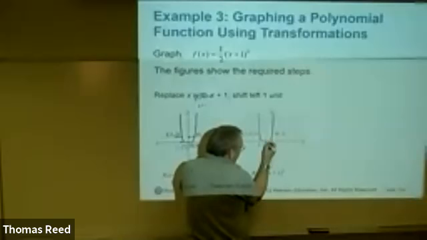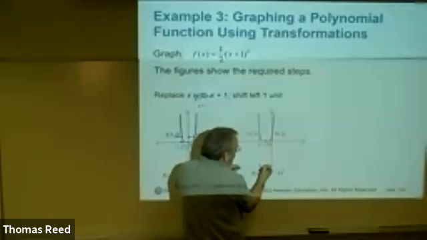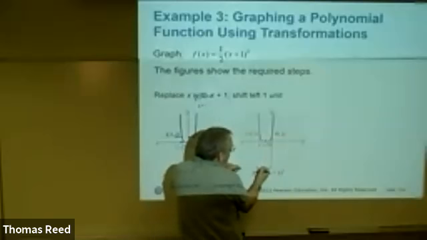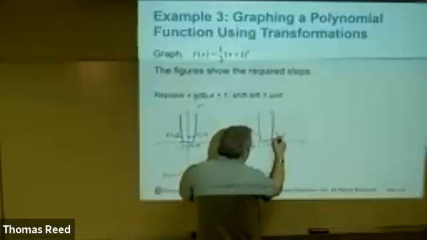Multiplying 0 by 1/2 stays at 0. And multiplying this 1 by 1/2 brings us down to 1/2. So this y value would come down to 1, this y value would come down to 1.5, this y value would come down to 2.